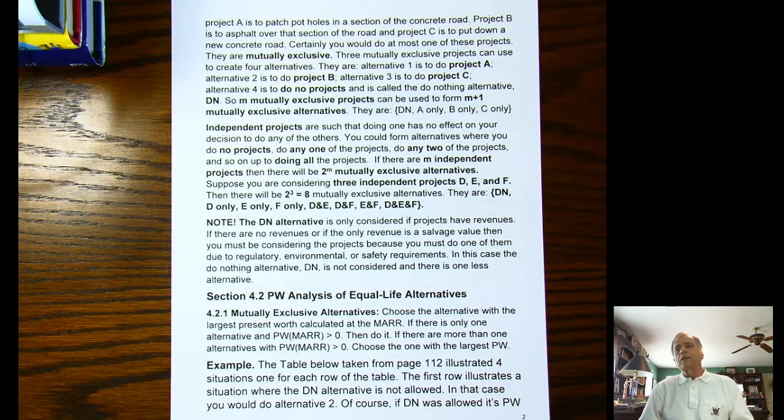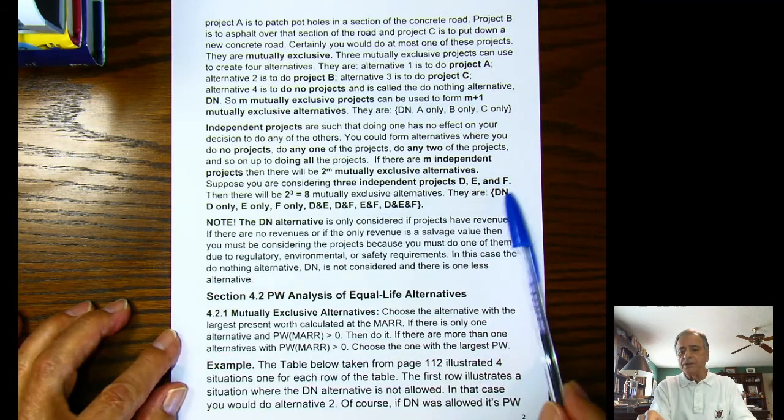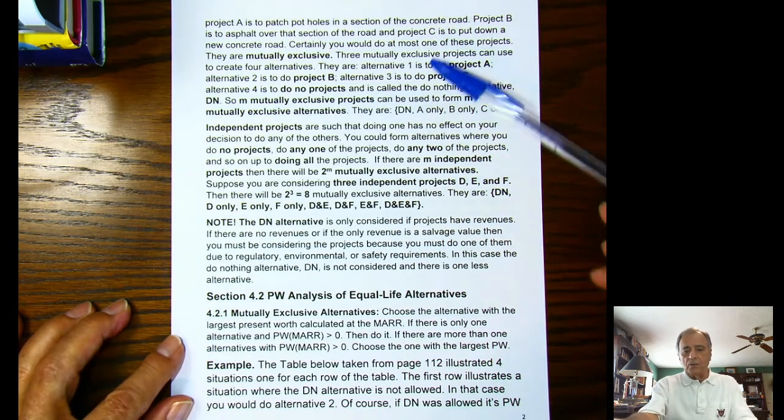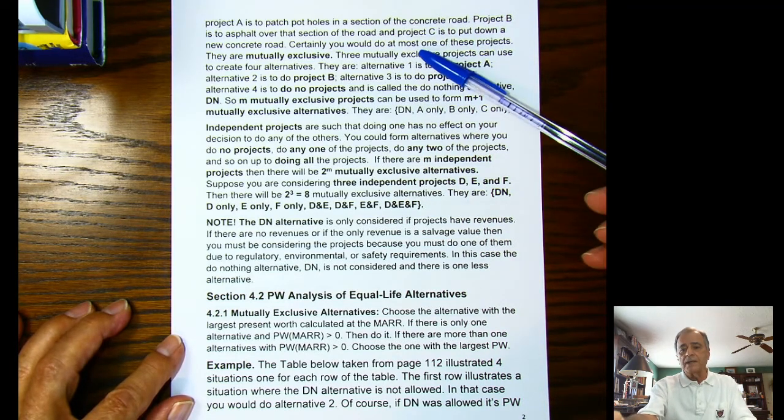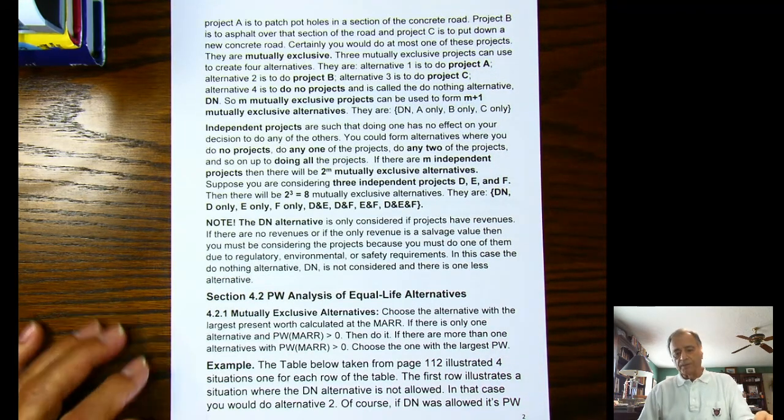So if there are no revenues, then you just take away the do nothing alternative, which would reduce the number of alternatives that you can form, whether they're mutually exclusive or independent, by 1. So in this case, where you had 8 alternatives, it would be 7. You wouldn't consider that do-nothing alternative. And when they were mutually exclusive projects, you could only form 3 mutually exclusive alternatives from that.